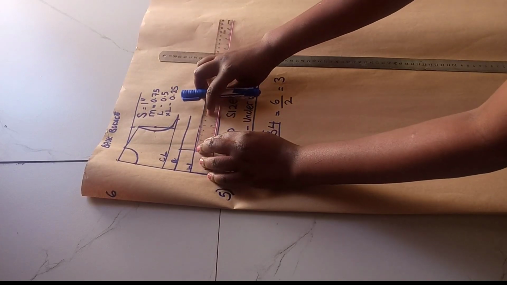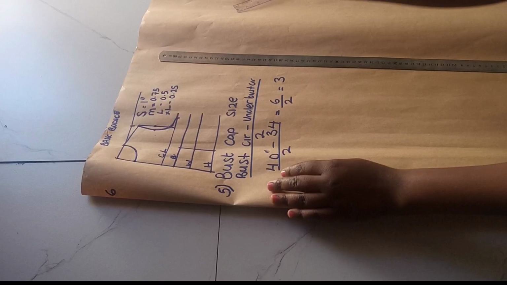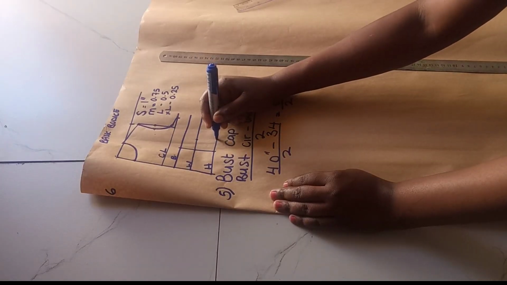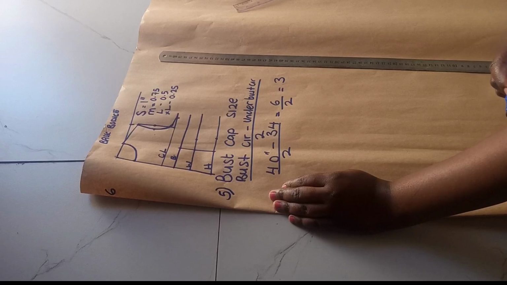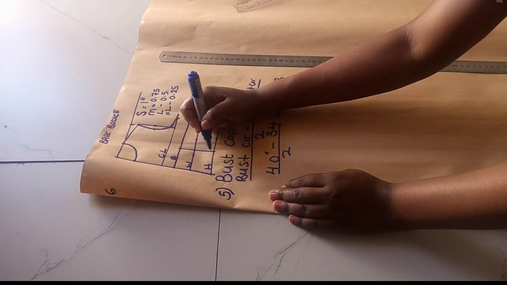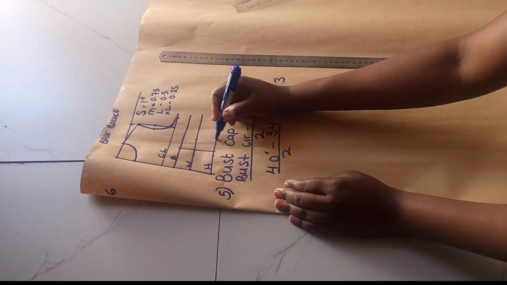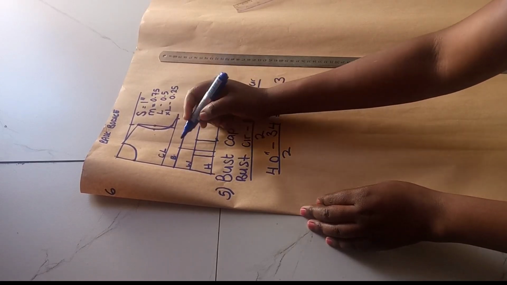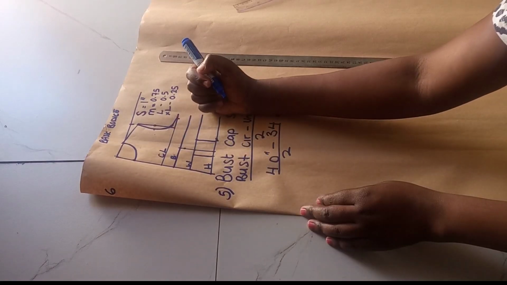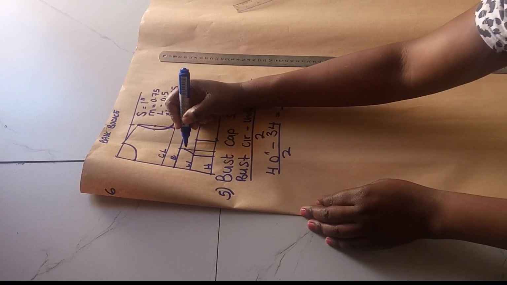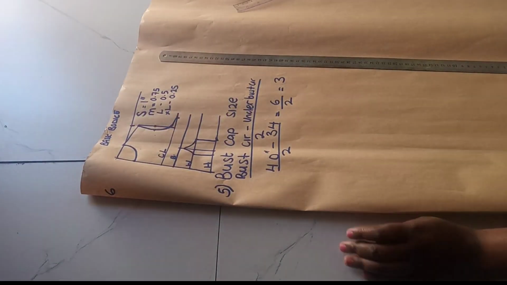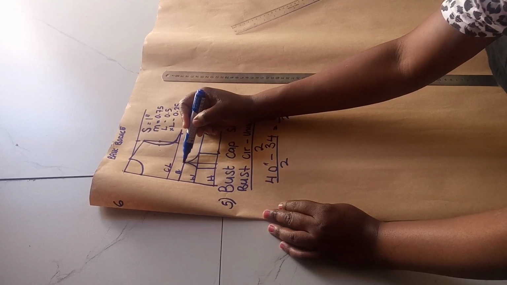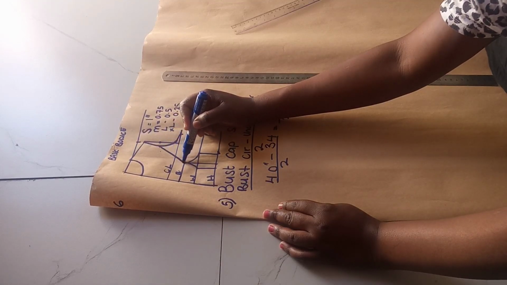So these 3 here is what we use to get our bust shape, because there are 2 parts of our bodies. So this is 3 measured from the center of the bust pad measurement. So this side, this is 1 inch, and this side 3 inches. Then you go down by 1 inch from the bust and curve these lines like this. This is used when you're making any sort of bustier top.